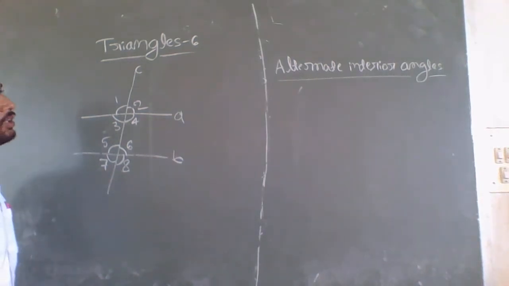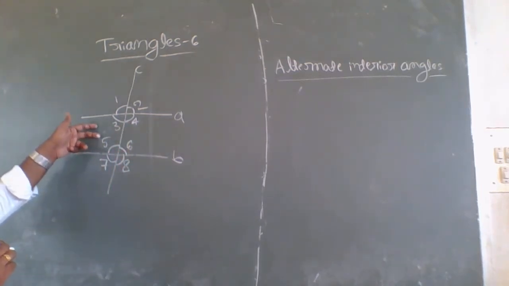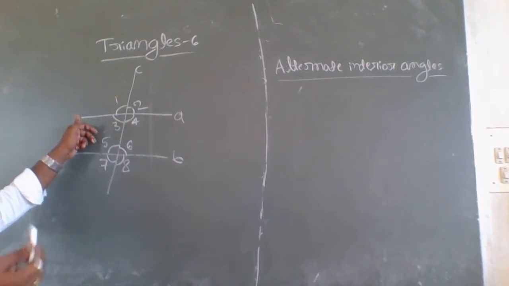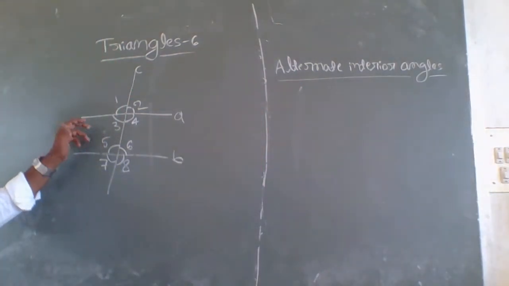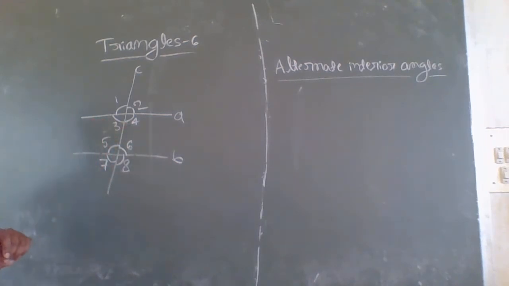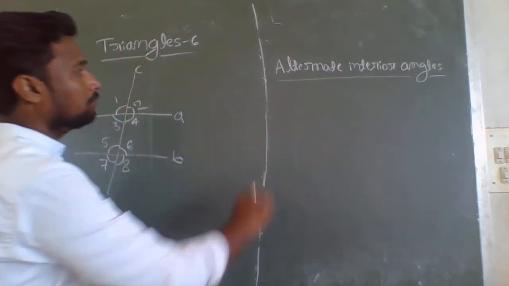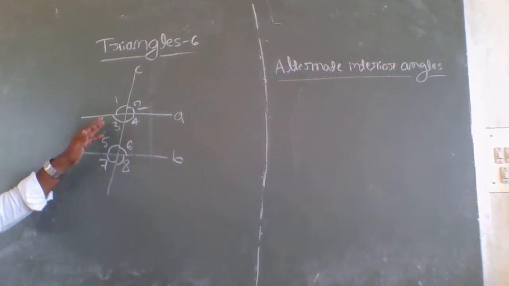So alternate interior angles means first I will consider only angles 3, 4, 5, 6. Why? These are interior angles, and the remaining angles are exterior angles. Alternate means these are opposite to each other.